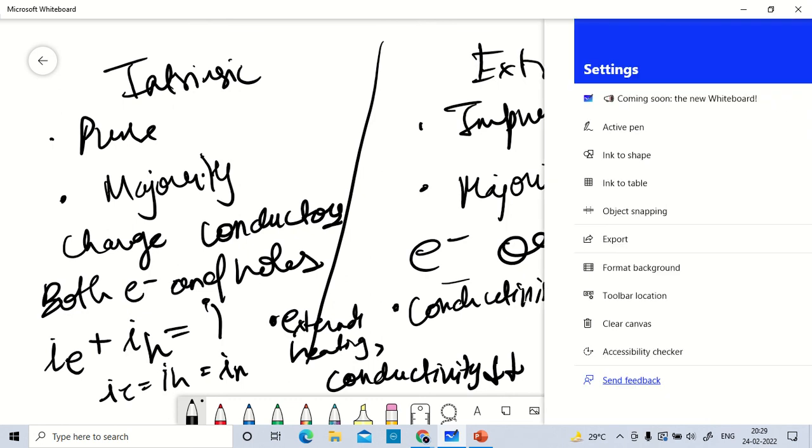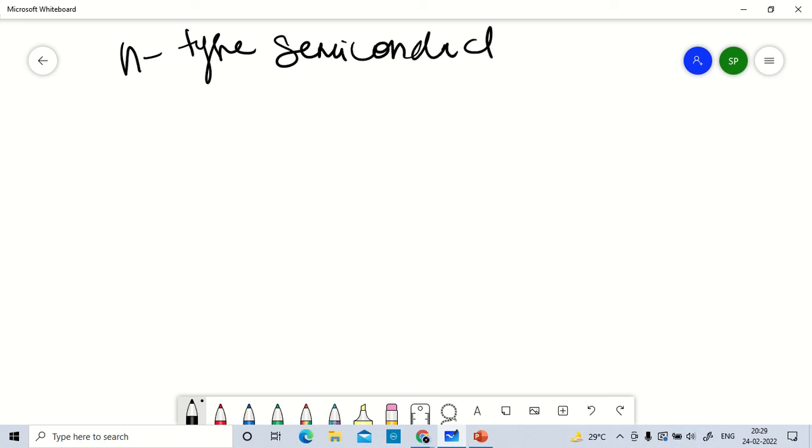Now let's come to p type and n type. First we'll see n type semiconductor.